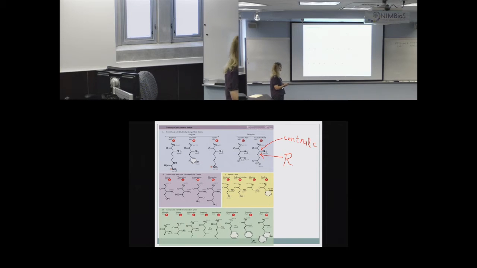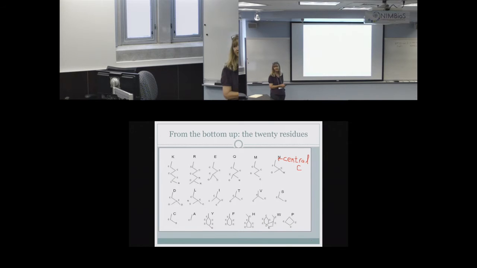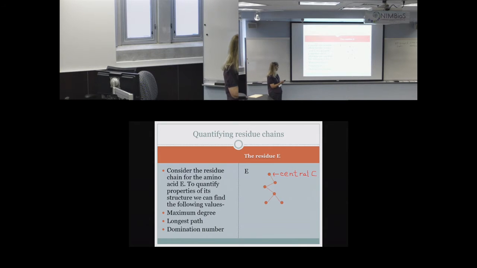So since the top is the same, I chopped off the top. And then you can just see these and think of them as graphs. The corner points represent the carbon atoms. So if we look at the residues of each of the 20 amino acids, we can create a small graph for the residues.